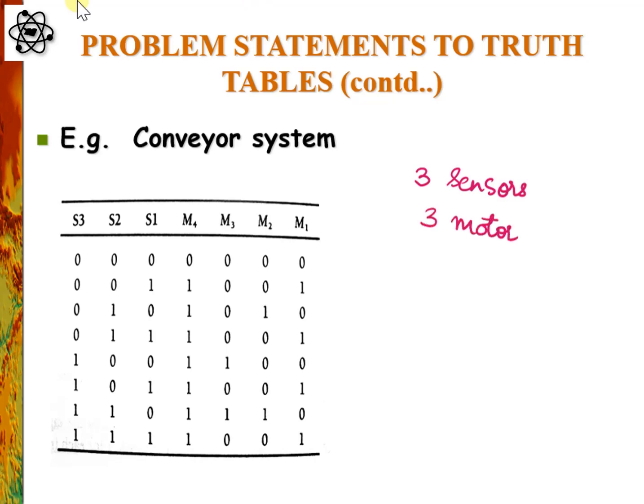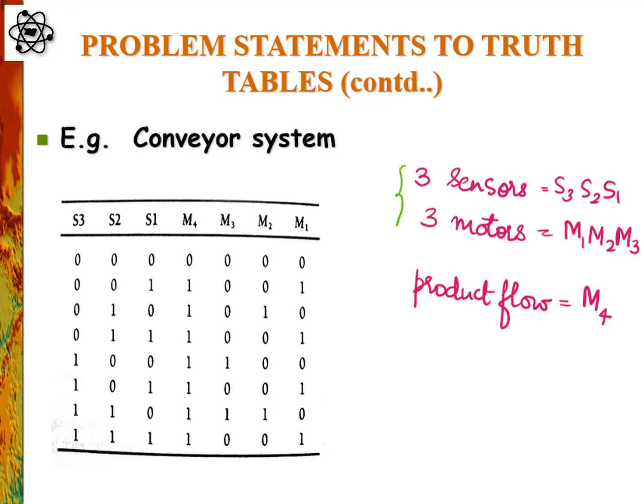So the conveyor system, as you can see, consists of 3 sensors S3, S2, S1 and 3 motors M1, M2, M3, and the product flow is represented by M4. The 3 sensors and 3 motors correspond to the inputs, whereas the product flow corresponds to the output.